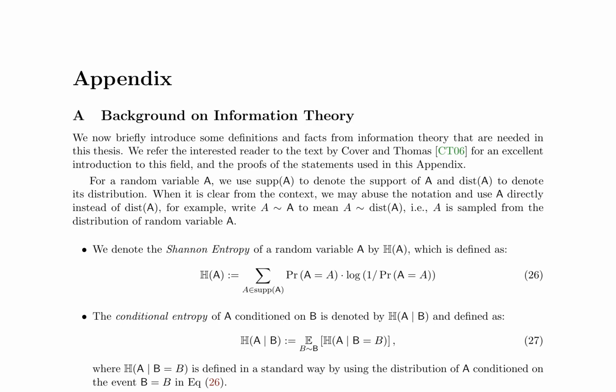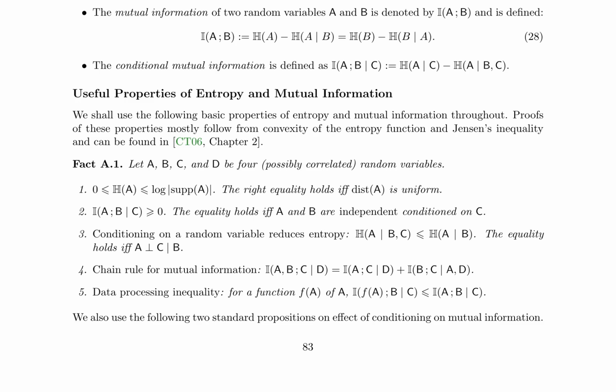The KL divergence is defined as D(mu || nu) equals the expectation over a drawn from mu of log mu(a) over nu(a), measuring the difference between two distributions. The total variation distance is defined as the norm of mu minus nu, TVD, equals the max over events Omega' subset of Omega of mu(Omega') minus nu(Omega'), representing the maximum difference between probabilities assigned by mu and nu to any event.